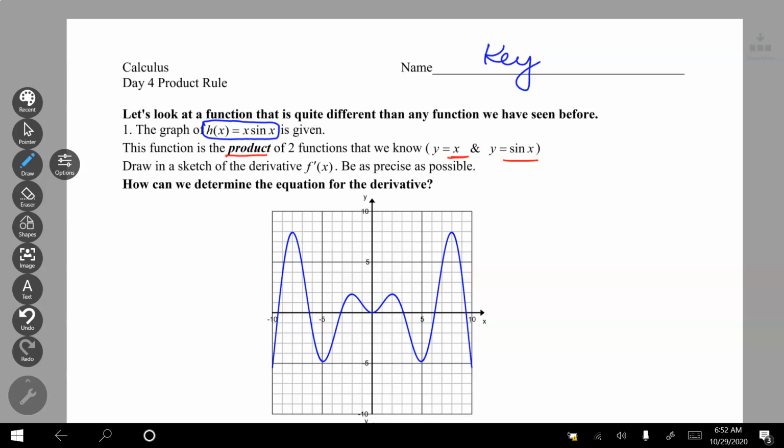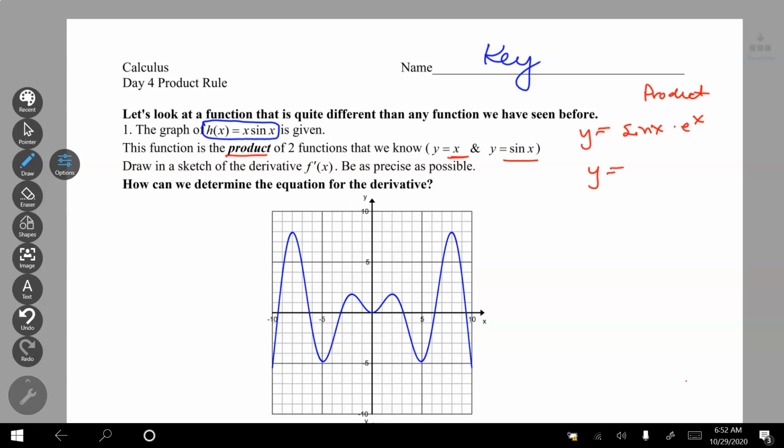And here's the difference. If I had y equals sine of x times e to the x, this is a product rule.